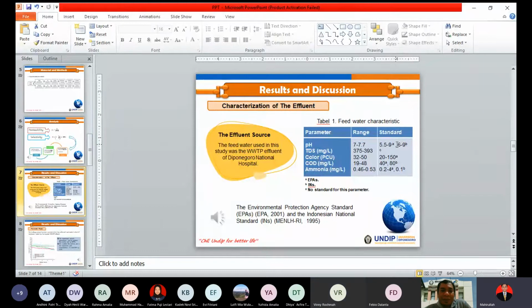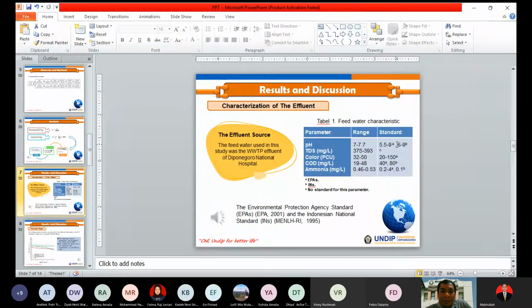Yes, sir. So as well for the chemical oxygen demand, from the Indonesian standard it is 80, and from the EPA 40, and you got from the wastewater only 19 to 48. It's also no problem actually.